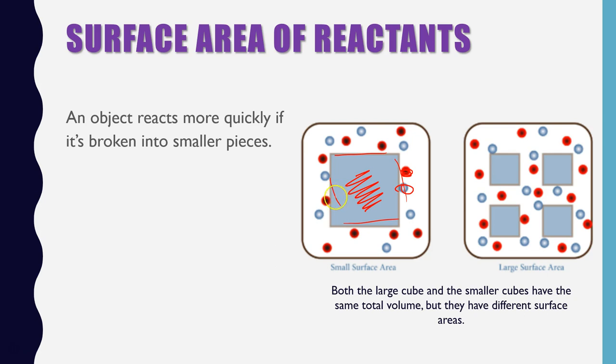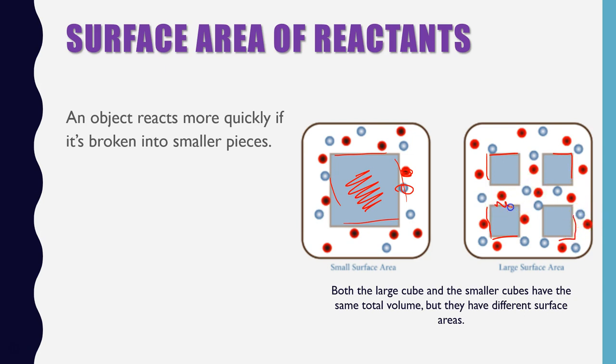So if we grind up that cube into many smaller cubes, like we see with sugar crystals in granulated sugar that you might use to put in your tea and coffee, then we increase the surface area because now all these extra surfaces are exposed. Before, we would have just had this surface exposed here.